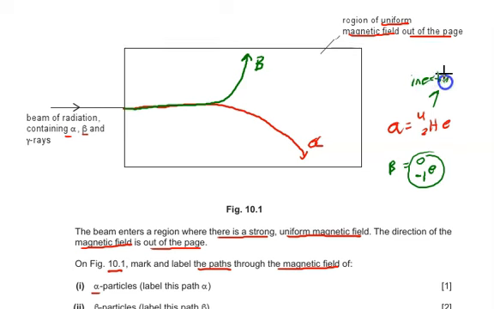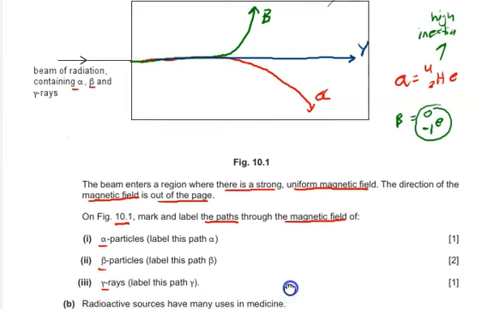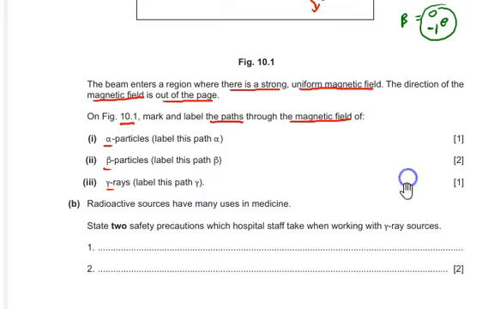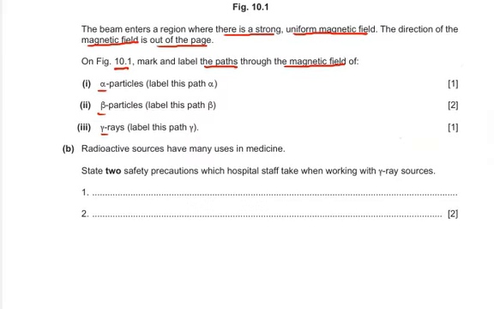Now if you're talking about gamma, gamma will go on in a straight line because it is not deflected. This is gamma. Okay, now label, mark and label. Okay, this is done.